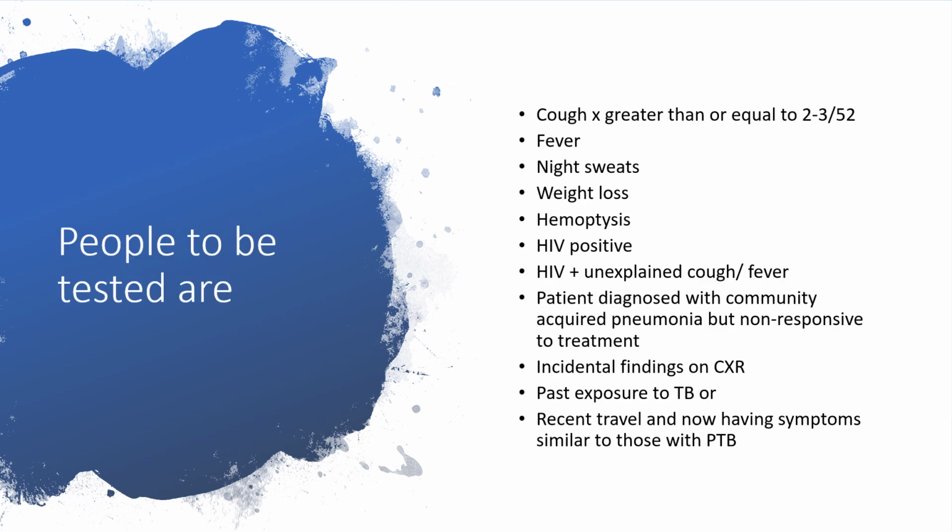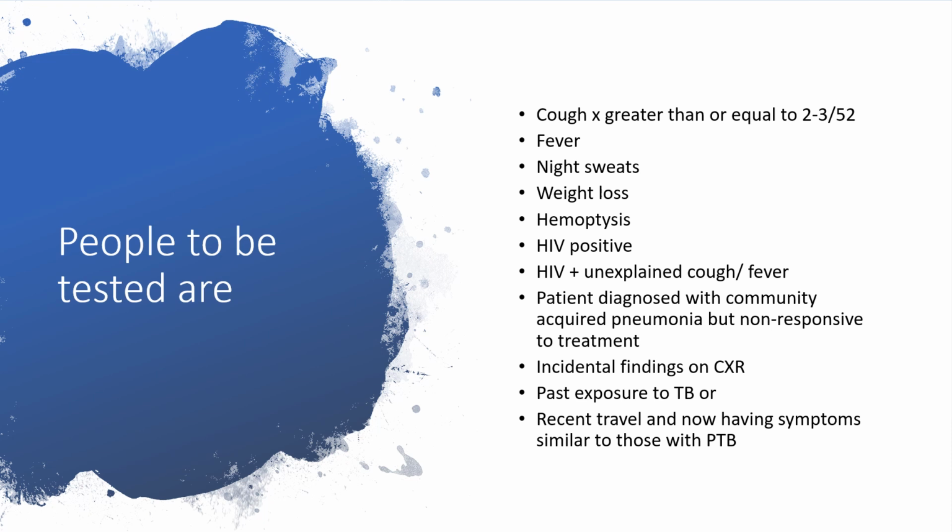People to be tested are individuals with cough greater than or equal to 2 to 3 weeks. People with fever, night sweat, weight loss, hemoptysis, and those that have been screened to have HIV also, or HIV with unexplained cough and fever. Patients diagnosed with community-acquired pneumonia but non-responsive to treatment should be screened for tuberculosis.